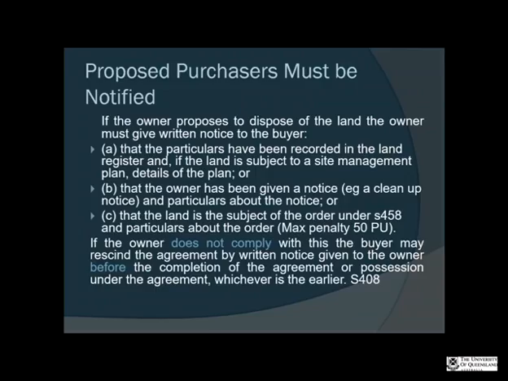You can't hand the title back and pretend that the contract never happened. So once that happens, the legislation can't help you. But up until that point, under the Environmental Protection Act, you can get out of that contract and you can rescind the contract.